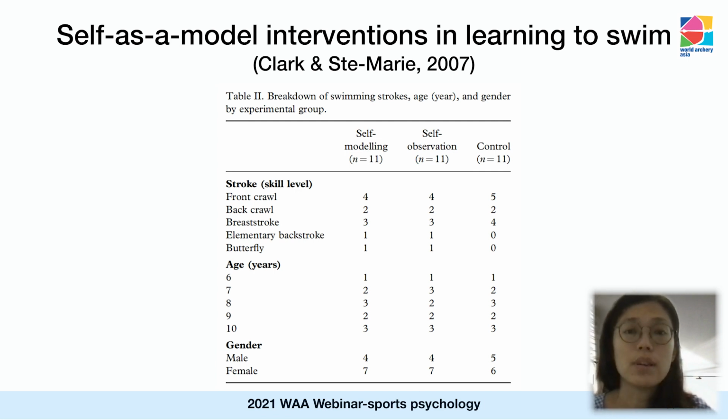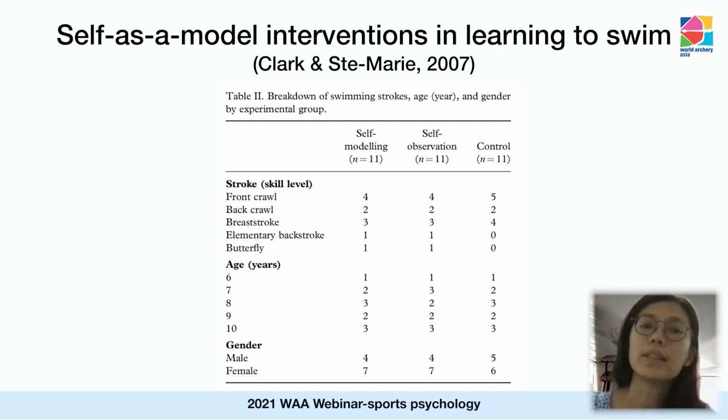And for the self-modeling group, they could also see a video, but the difference is the video is edited by the experimenter. The experimenter specifically chose the good movement and edited in a way that when the kids see the video, they only see the good movement they performed.